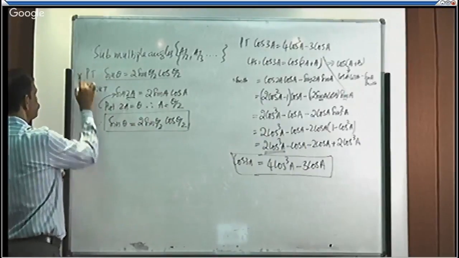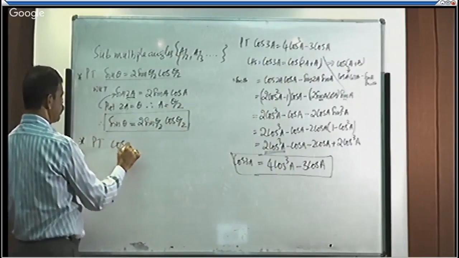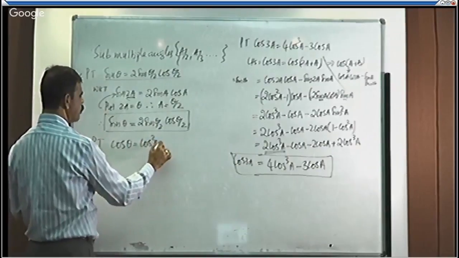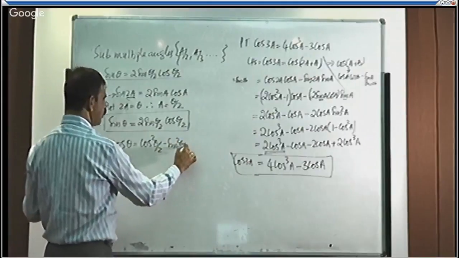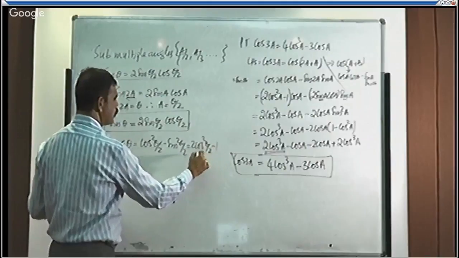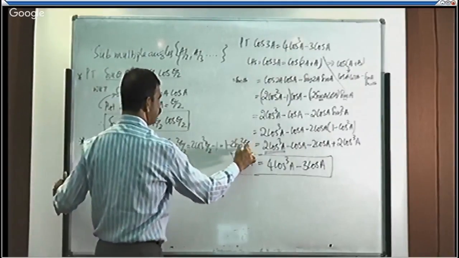Second one, for cos theta. Prove that cos theta is equal to cos square theta by 2 minus sin square theta by 2, or 2 cos square theta by 2 minus 1, or 1 minus 2 sin square theta by 2.